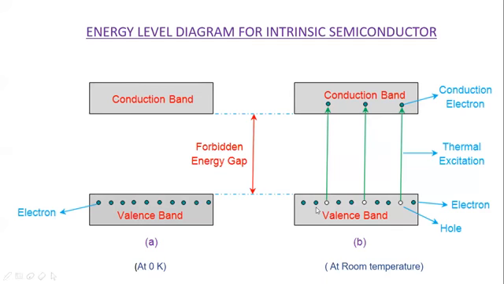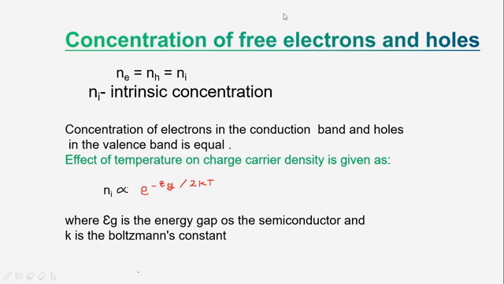At room temperature, a few valence electrons gain energy and reach the conduction band. Also, some bound electrons break the covalent bond, and under the effect of electric field, they start moving. Now you can see the concentration of free electrons and holes.